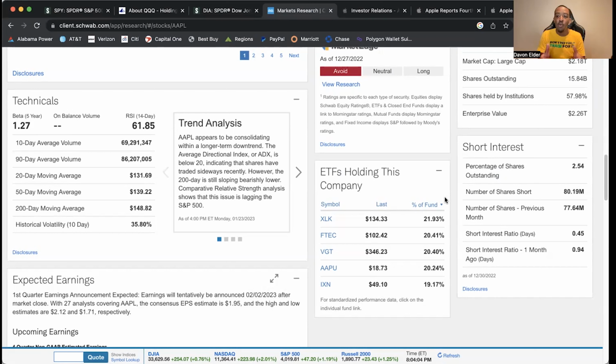And what can it do? It can provide more companies for you to look at, because these ETFs are going to have other companies in them that are not necessarily in the Dow Jones, maybe not in QQQ or SPY, but it may be a company that you may want to spend your time researching and looking into.